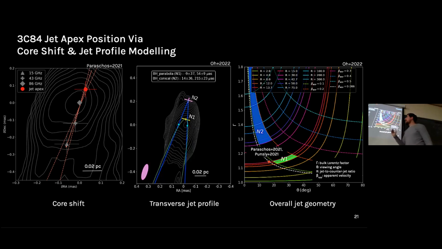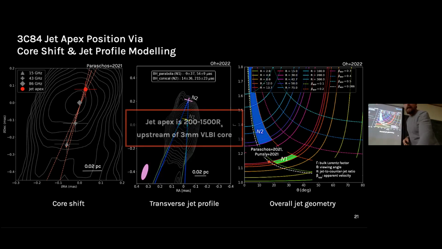So then the jet apex is not very far away from the center of the 86 gigahertz measurements. Overall, combining these two, we can find that the jet apex is 200 to 1,500 Schwarzschild radii upstream of the 3 millimeter VLBI core.